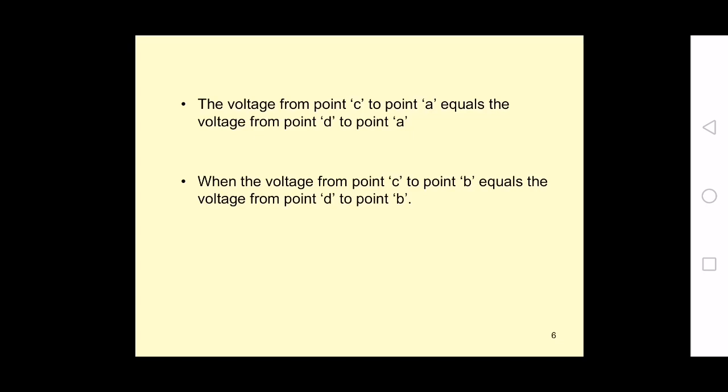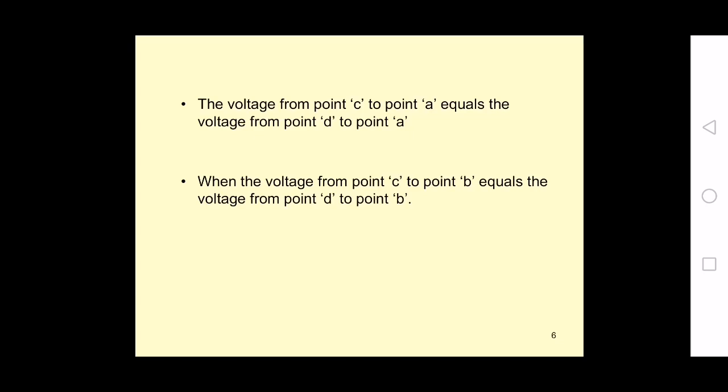So in the galvanometer, current in one direction from point C to D causes the pointer to deflect on one side. Similarly, current from the D side causes deflection on the other side.